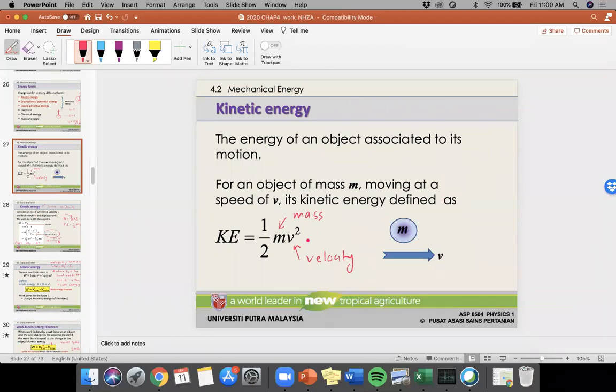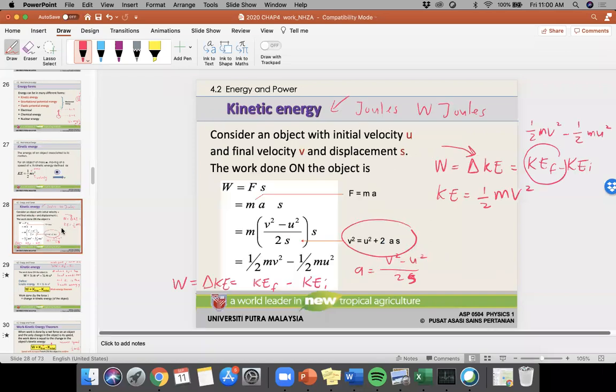But if we find kinetic energy using this equation only, usually the velocity is constant. There's no change, so the issue of using U or V doesn't arise, it's usually constant. When we have a change in velocity, there is work done.